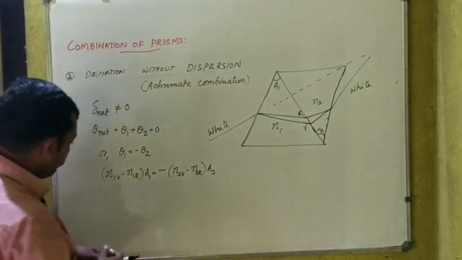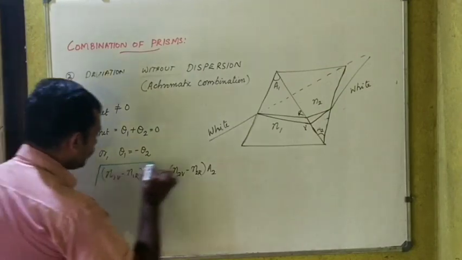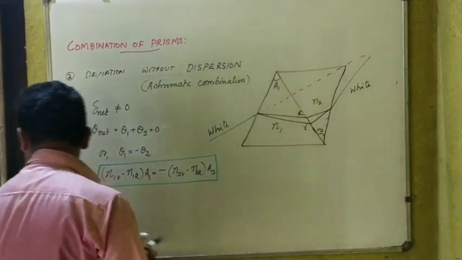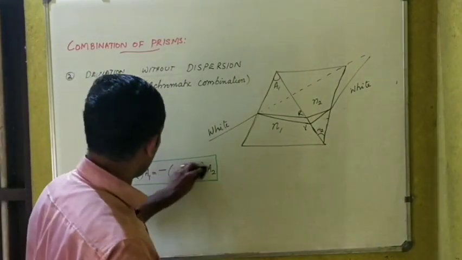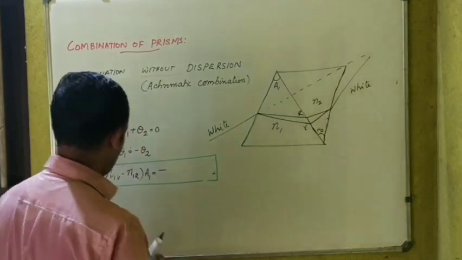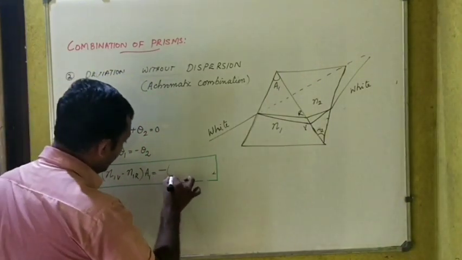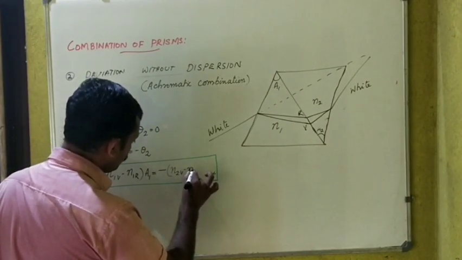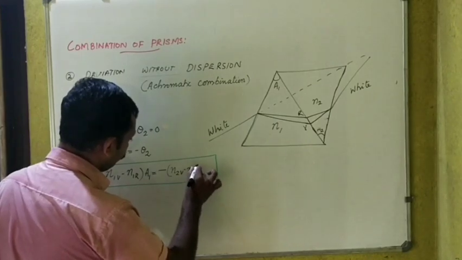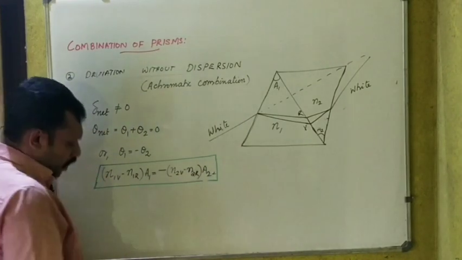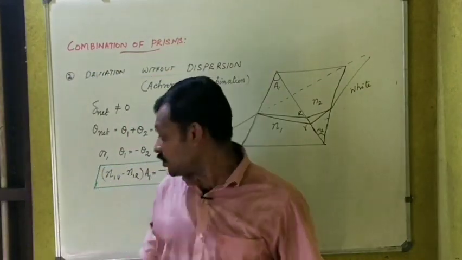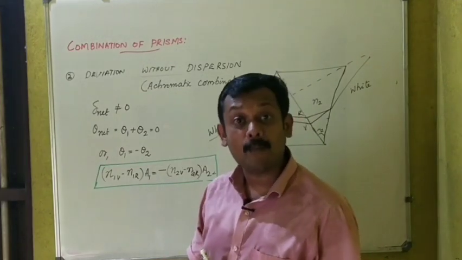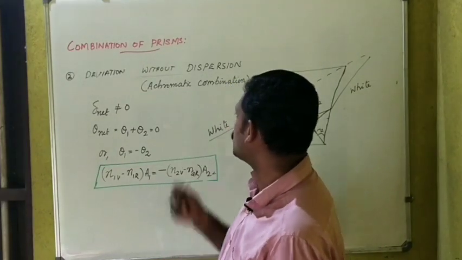Knowing the other variables, the unknown variable can be determined using this relation. So this is called an achromatic combination.